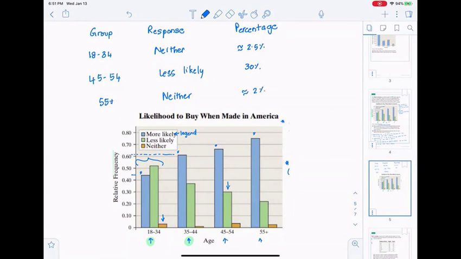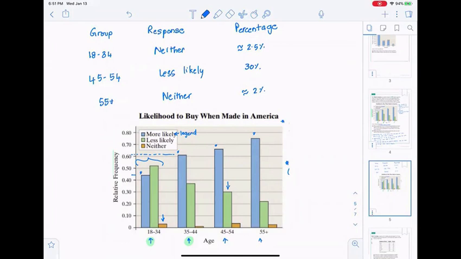So just by looking at this graph, we can get information as to how different age groups would be affected by an ad when they see Made in America or otherwise. Some are more likely, some are less likely, and some it really doesn't matter.